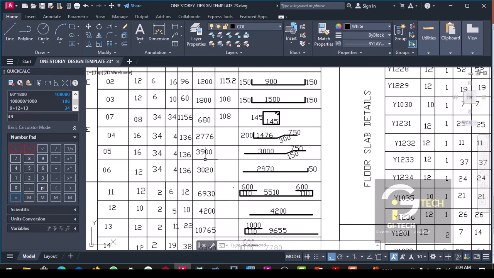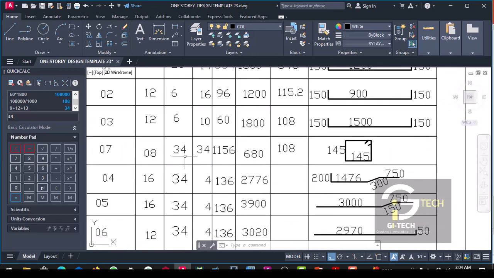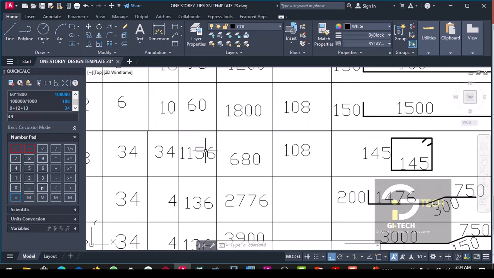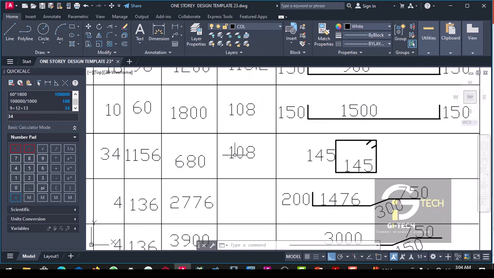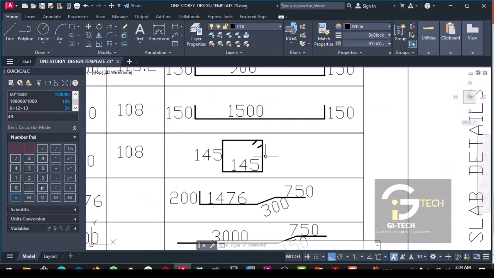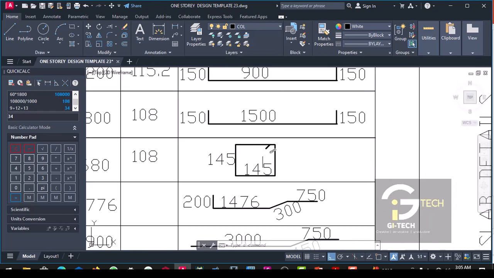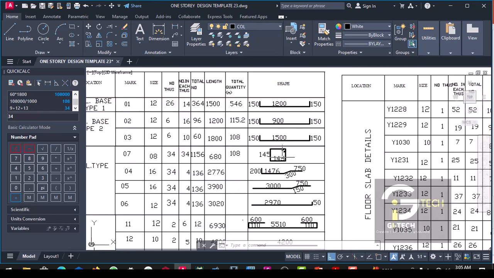So number in each is 34. You multiply 34 by 34, you will have 1156. Then we calculate the cut length of the stirrup.